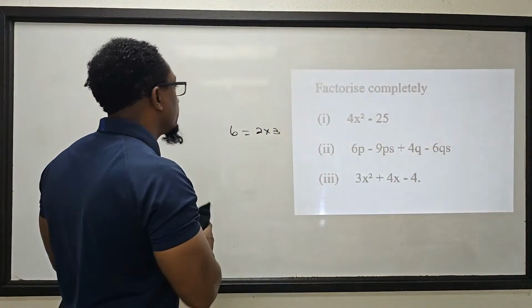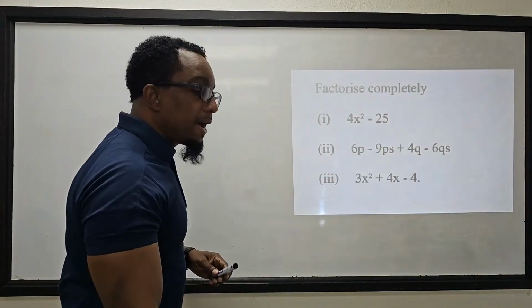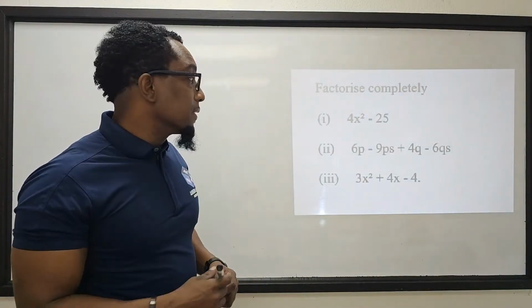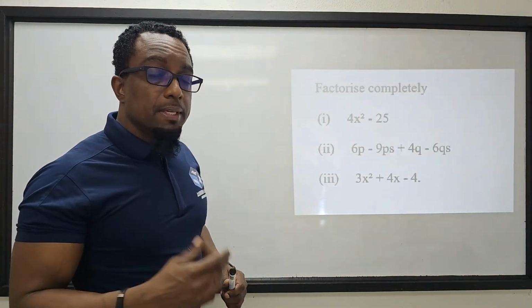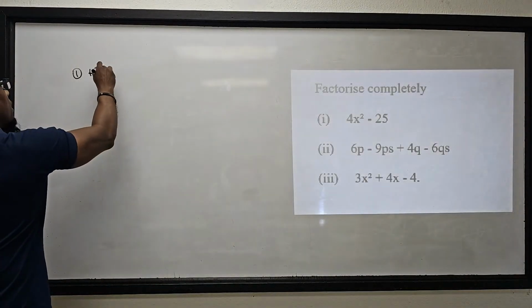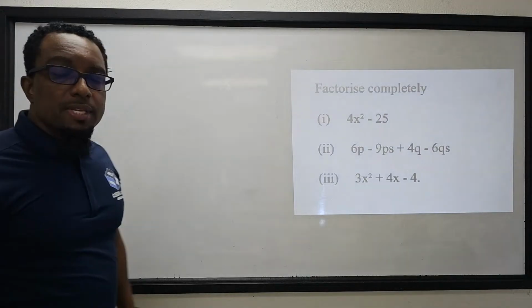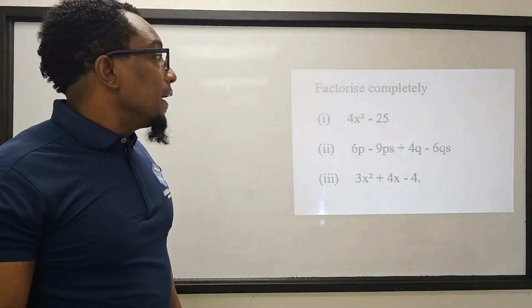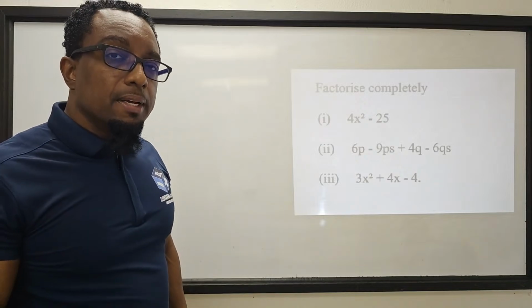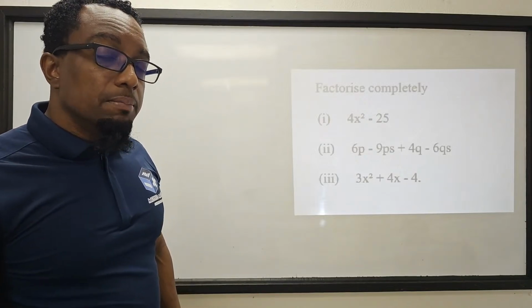So, to do so, with factorization, you have to understand all the methods of factorization. There are 4 methods. 4 very common methods you need to know. The methods are 1, the highest common factor method, HCF method, where we have to identify factors that are common. We take out as a factor and then we divide into each term of the expression.